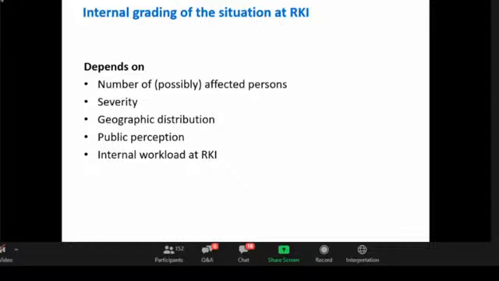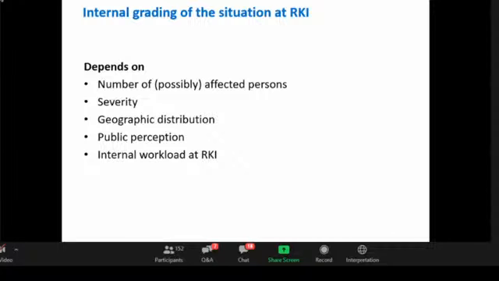For example, we already had a coordination office active at our institute when there was Ebola in West Africa, because here in Germany, everybody was scared of Ebola. So we said, it's always good to be a little bit ahead of the situation, meaning that we can already prepare some documents, for example, what would happen if a suspected case comes to a hospital?